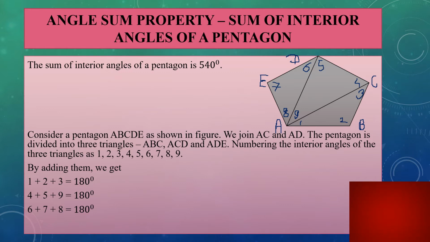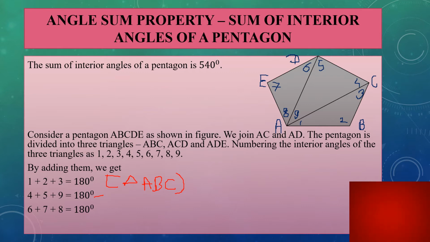Now, by adding them, we get angle 1 plus angle 2 plus angle 3 is equal to 180 degrees, because the sum of angles of triangle ABC is 180 degrees. Same in triangle ACD, angle 4 plus angle 5 plus angle 9 is equal to 180 degrees.